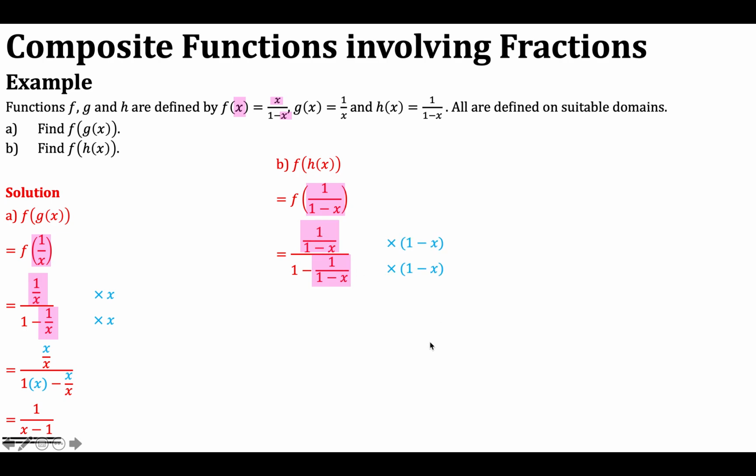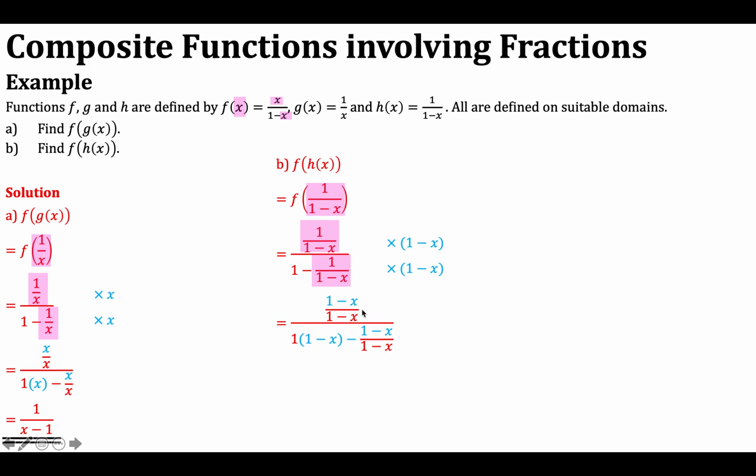So I'm multiplying by 1 minus x, and that gives me 1 minus x over 1 minus x over 1 multiplied by 1 minus x, minus 1 over 1 minus x times 1 minus x. Hopefully you can see that written down better than I've just said it.